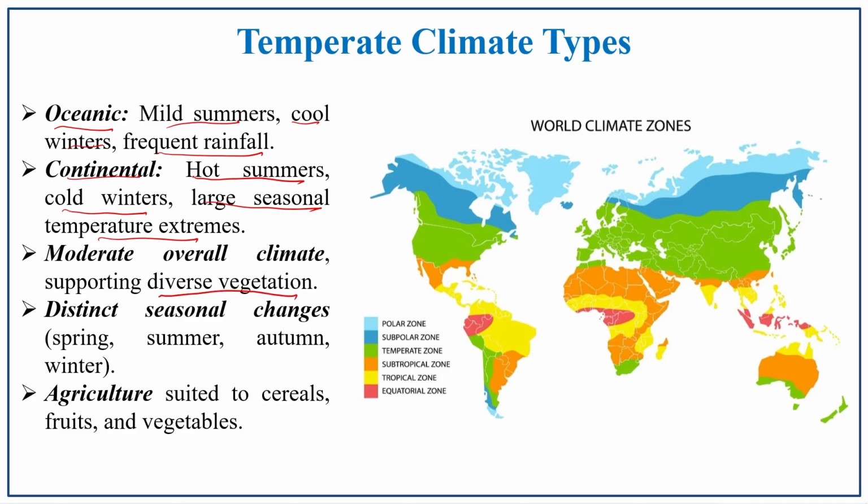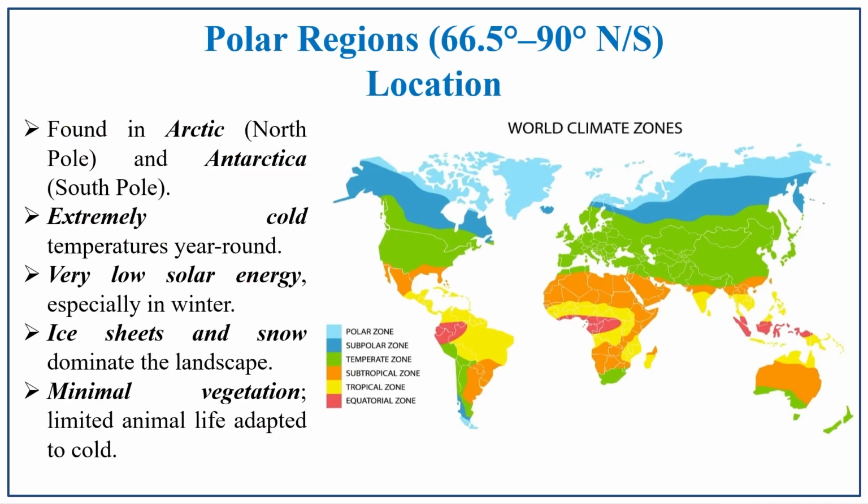Distinct seasonal changes, spring, summer, autumn, winter, are witnessed, and agriculture is suited for cereals, fruits and vegetables, which this climate supports.